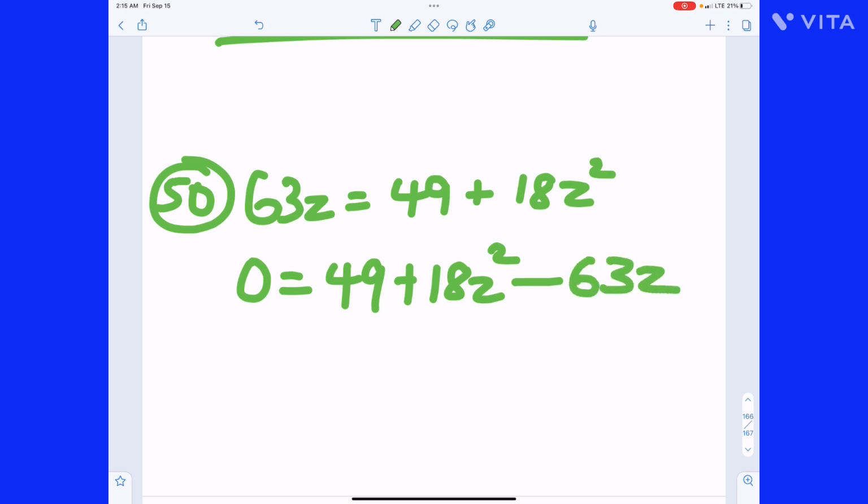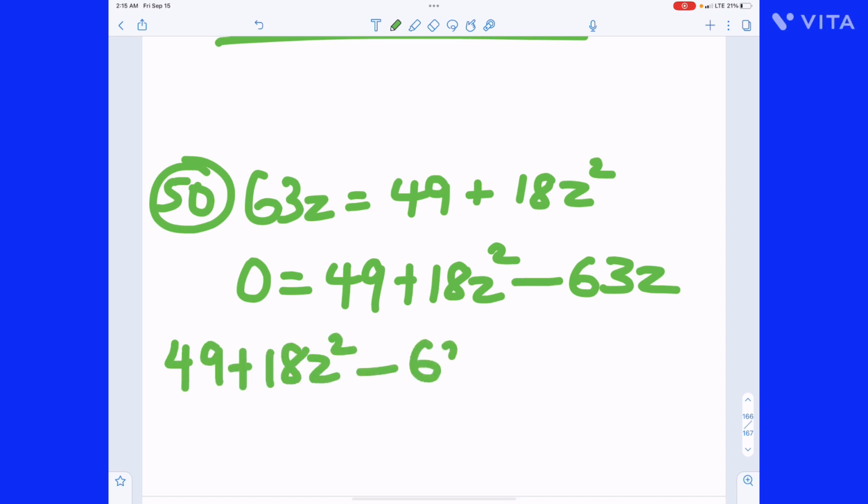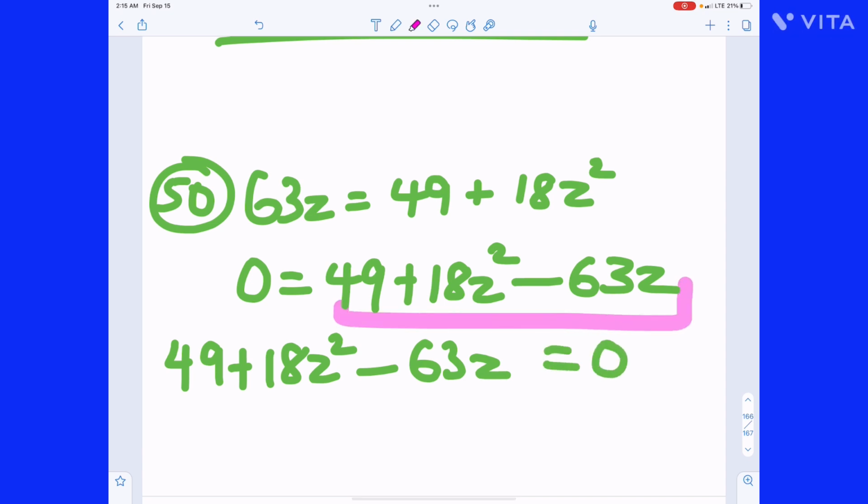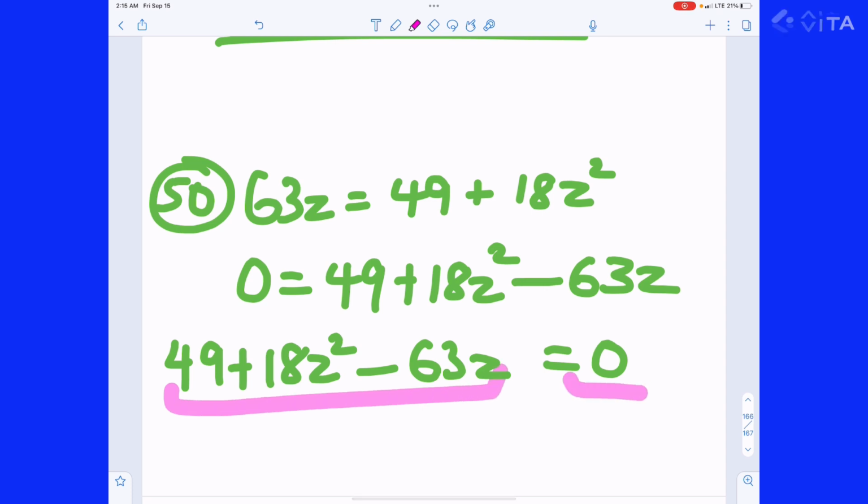Can you see that? Then I can rearrange 49 plus 18z squared minus 63z is equal to 0, because in math, if left hand side is equal to right hand side, you can also write that right hand side is equal to left hand side. So that's what I just did.